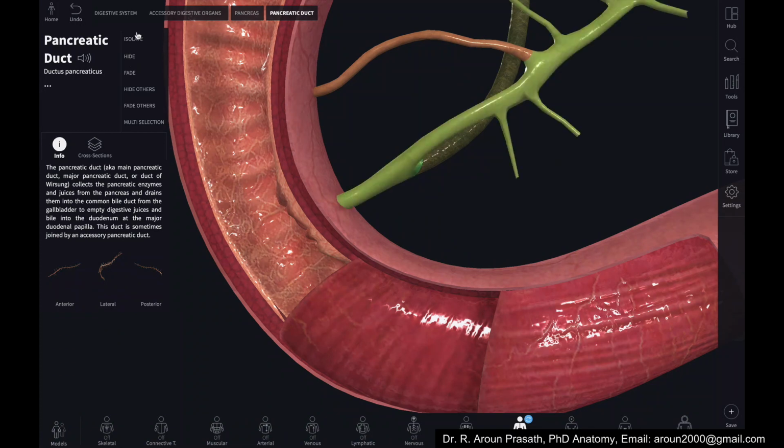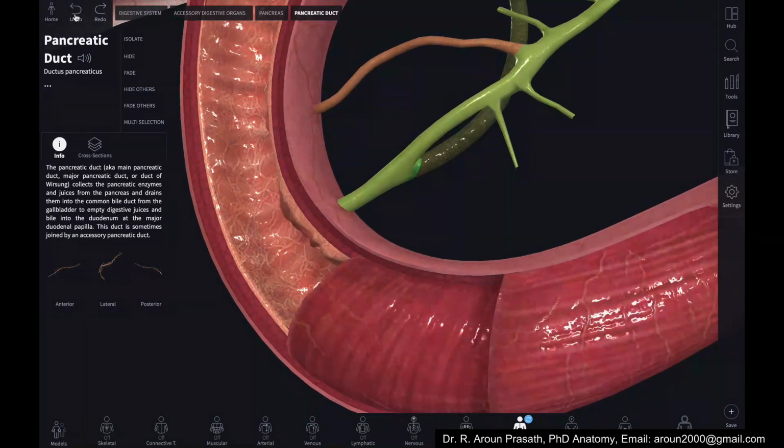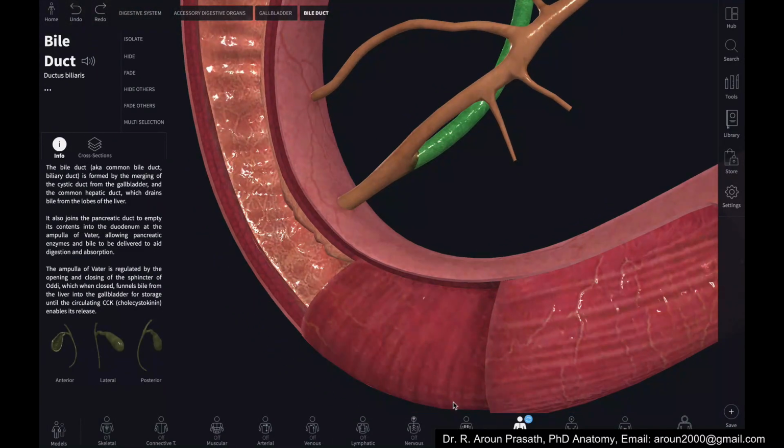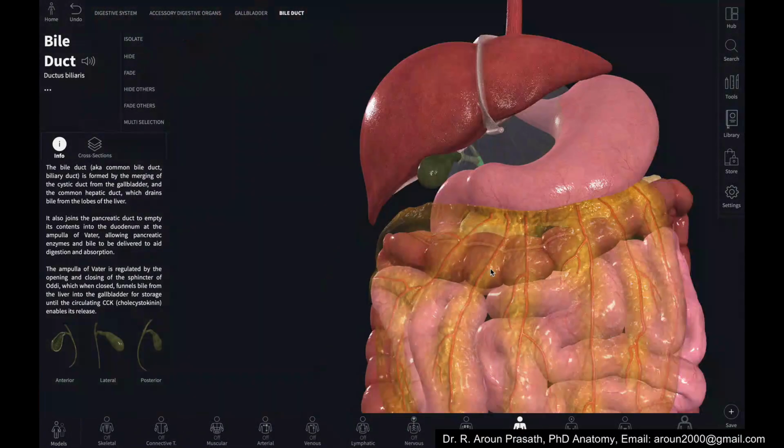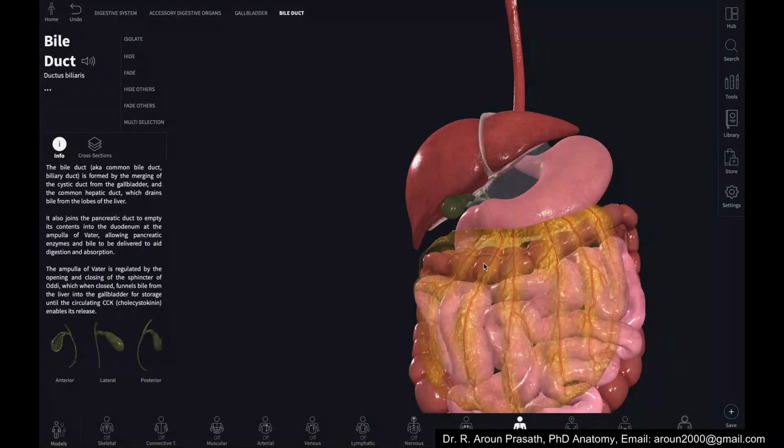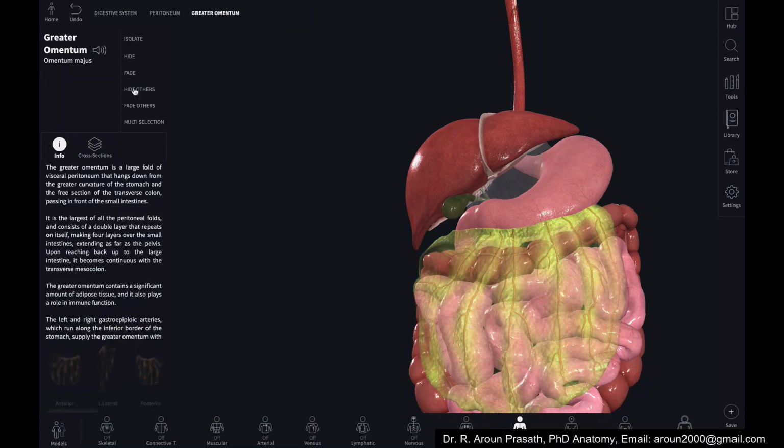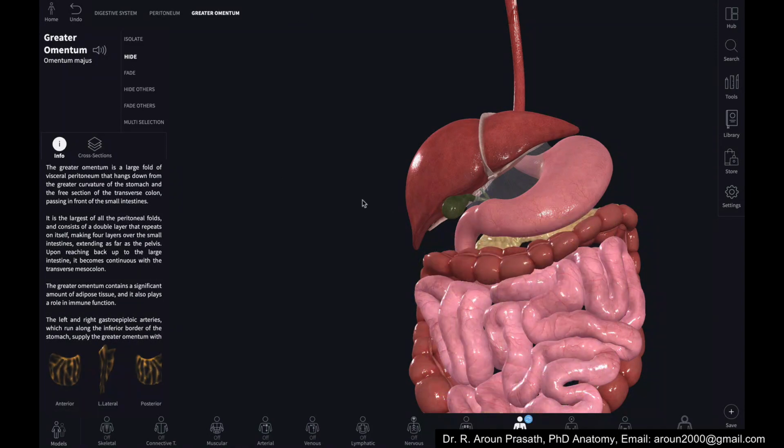So now what you can see here is the pancreatic gland. Let us discuss a few words about the vascular supply.